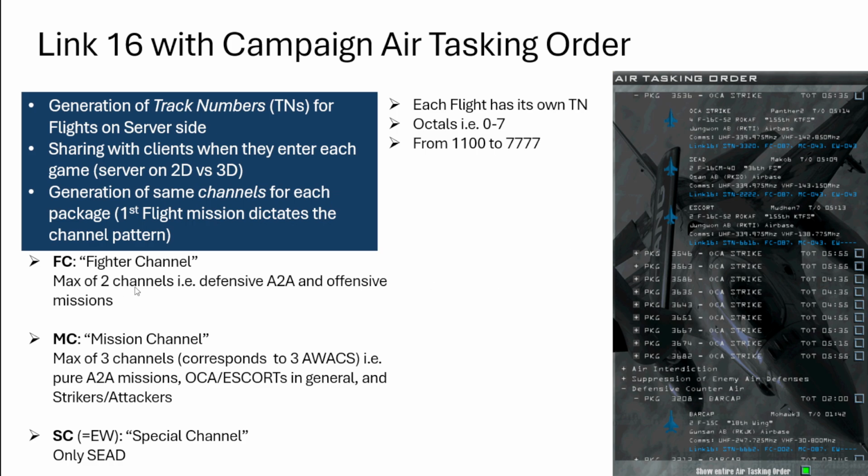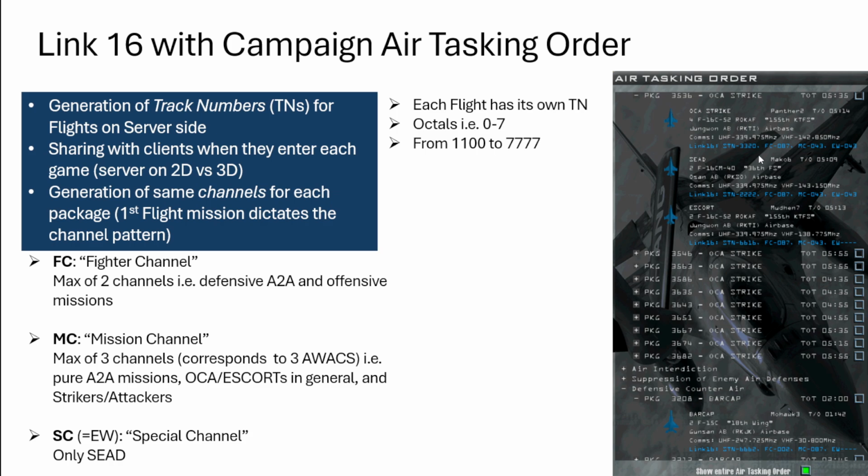So for the fighter channel, the BMS code has 2 kinds of fighter channels. Defensive air-to-air missions, like DCA, bar caps, intercepts, are normally in one fighter channel. You can see here, these bar caps for this campaign, I think the second campaign in Korea, use NPG 19, which is on net channel 2.